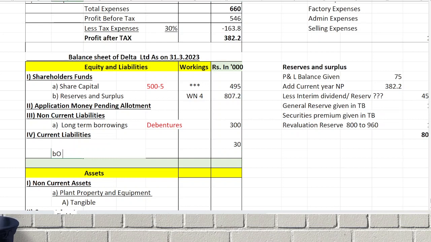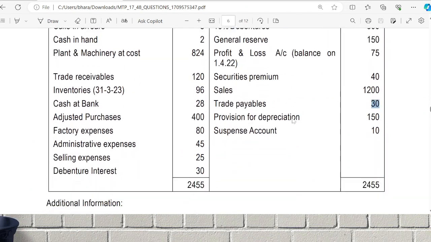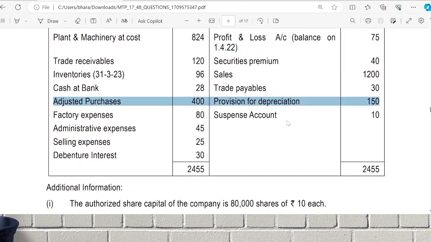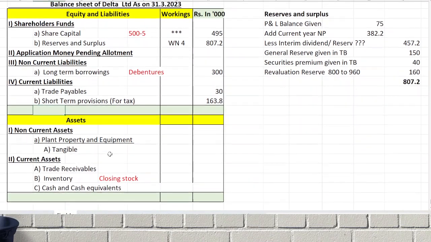Provision for tax. How much provision for tax did we create? This one, 163.8. Then any other thing? That's it. Provision for depreciation will be adjusted with assets value. Any other thing? No. That's it.